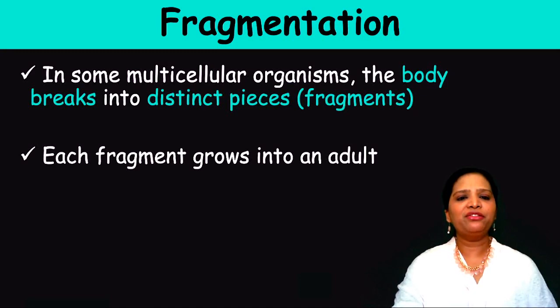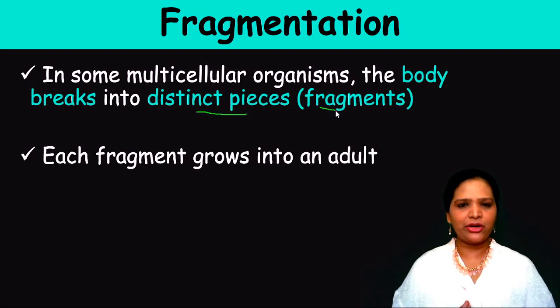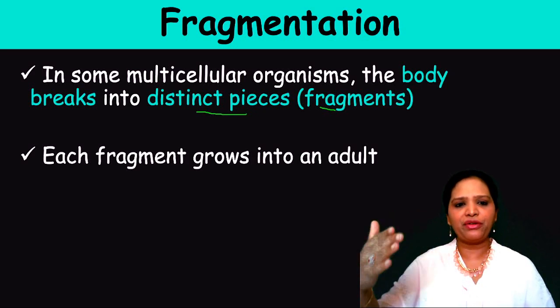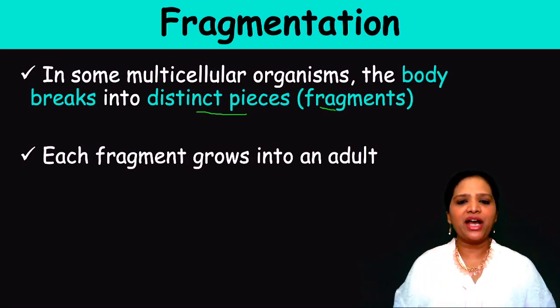The next method of reproduction is called fragmentation. What do you mean by fragmentation? Fragmentation means the body breaks down into distinct pieces or fragments. This occurs in some multicellular organisms, not in unicellular organisms. In multicellular organisms, the body of the parent gets broken into fragments, and each fragment then grows into an adult.